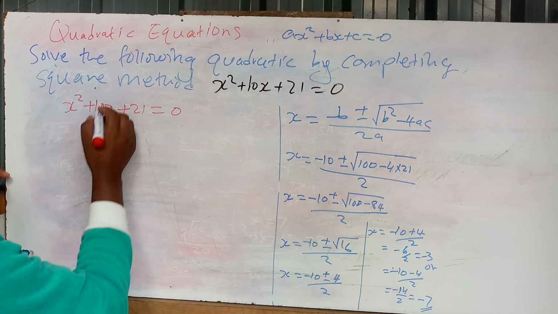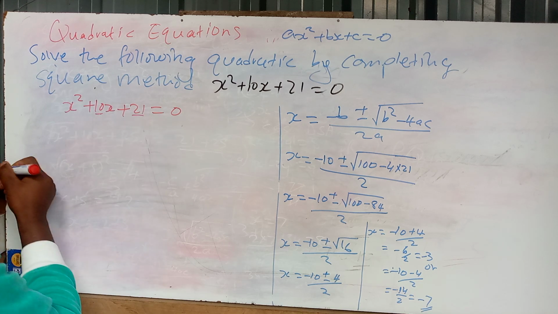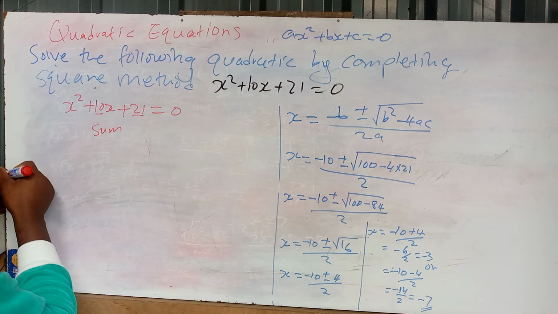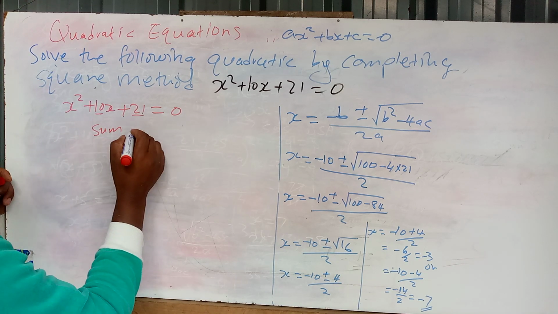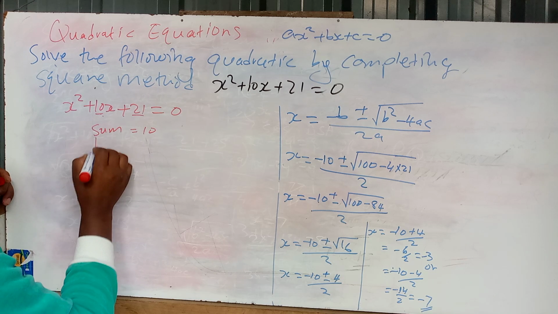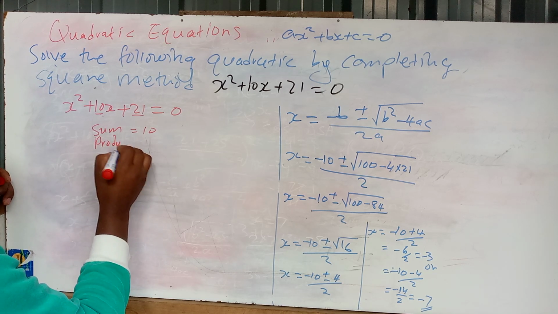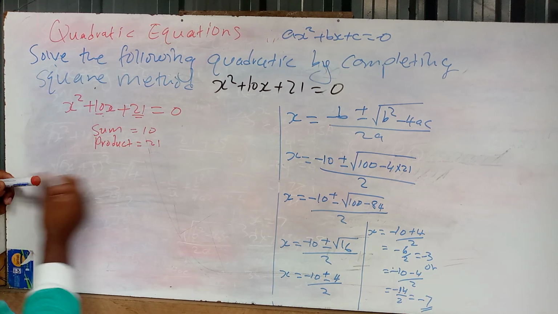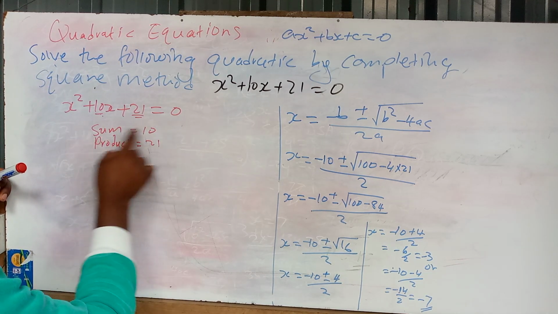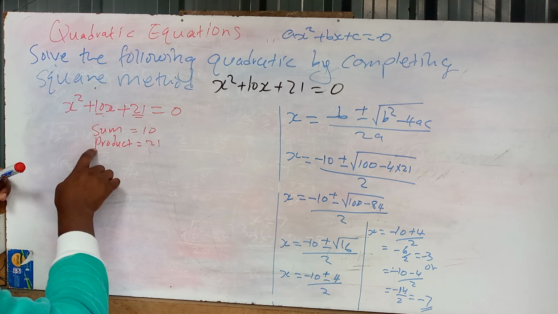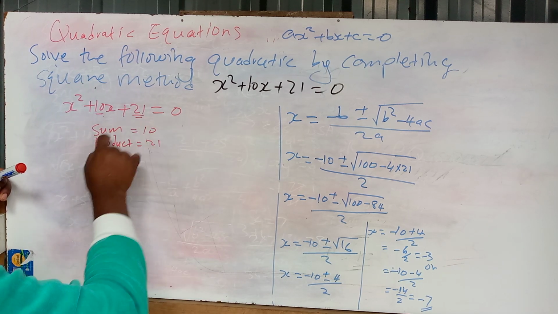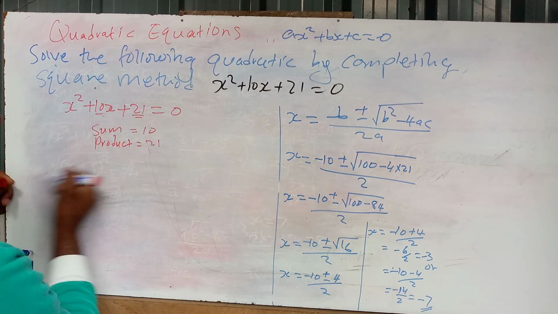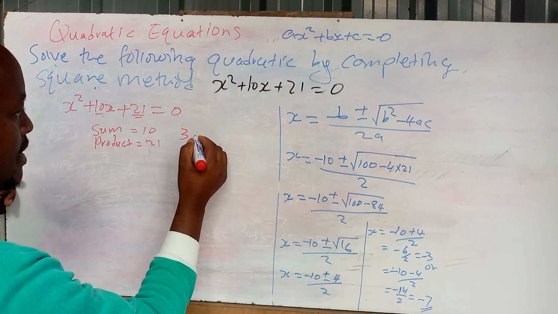So here we just get 10 and 21. Here we ask ourselves, we need two numbers. When we add them, we will get 10, and when we multiply them, the product will be 21. So which are the two numbers? When added, they will give us 10. When multiplied, they will give us 21. The sum and the product. So those numbers I can see are 3 and 7.